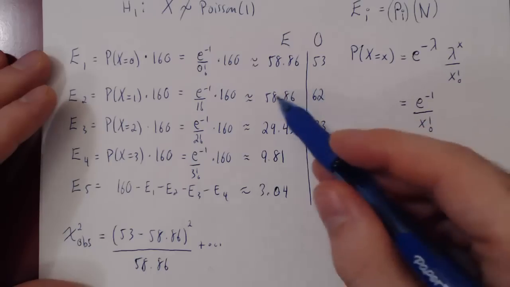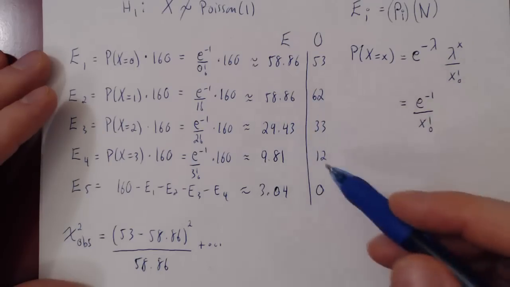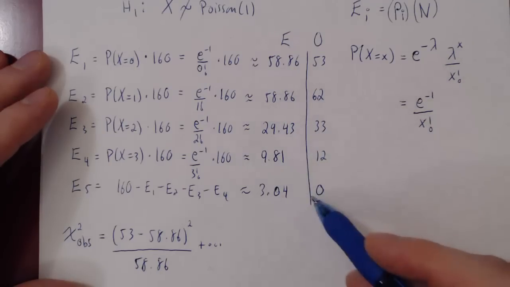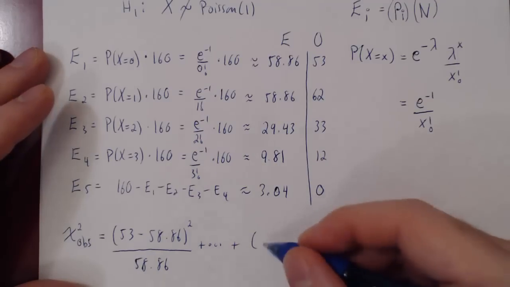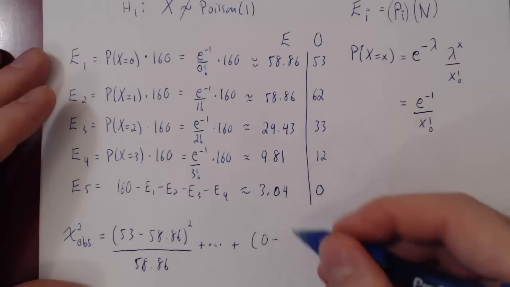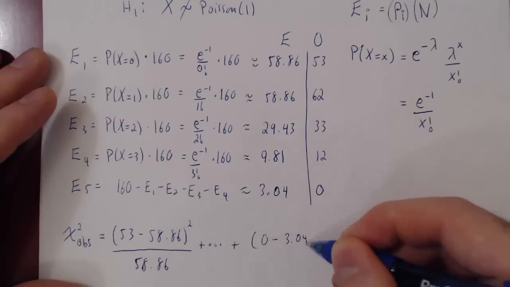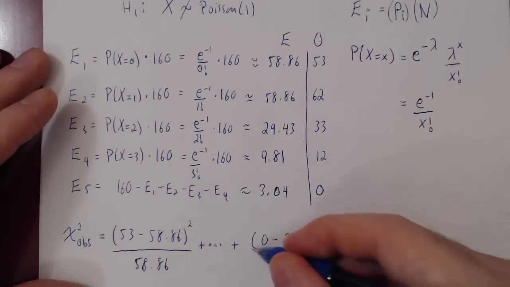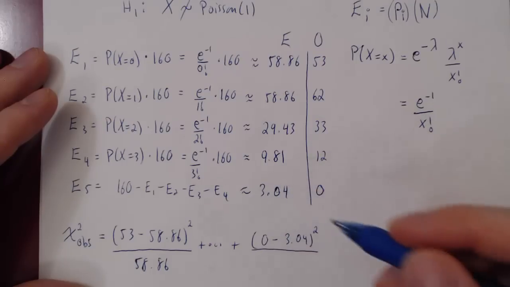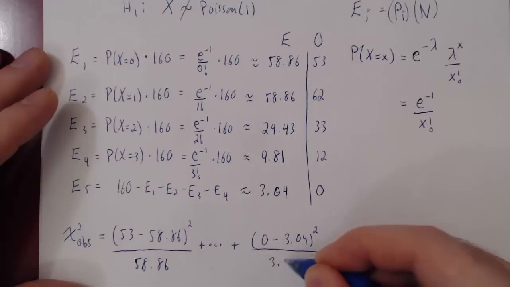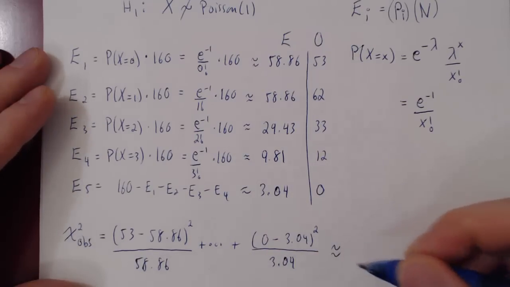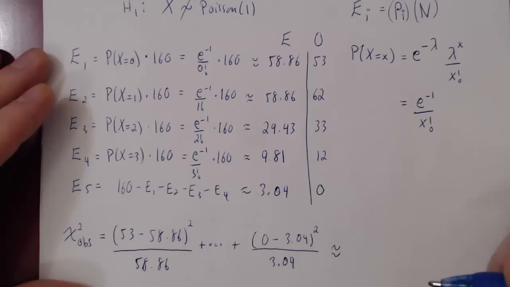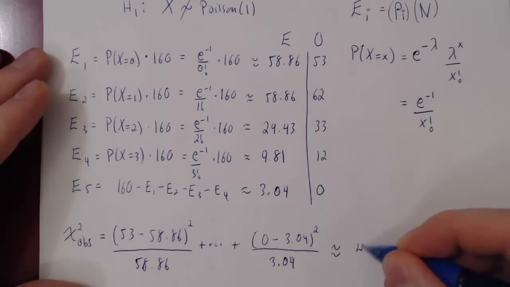So this one minus this one squared over this one, the same for these two, and then finally, the last term, the observed value 0 minus the expected value 3.04, squared over the expected value 3.04. And if you compute this, you will find an approximate value of 4.71.